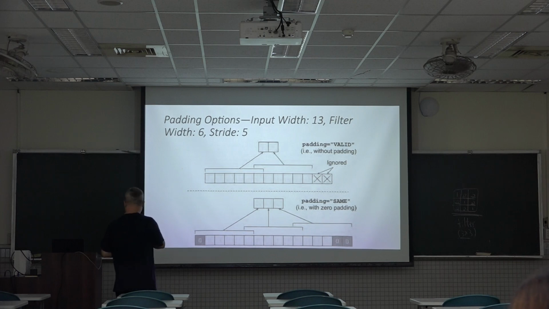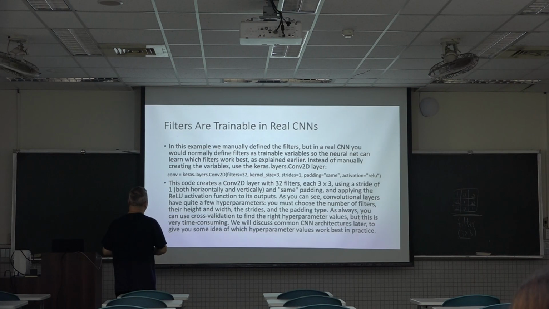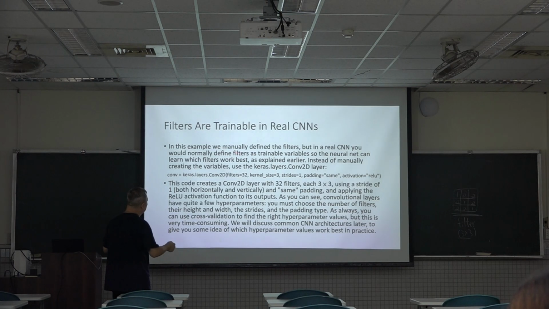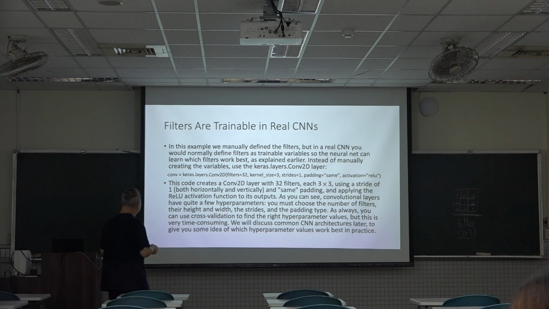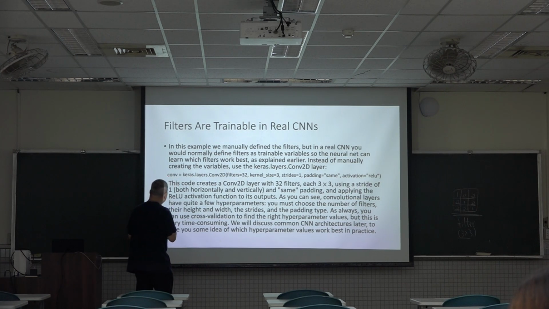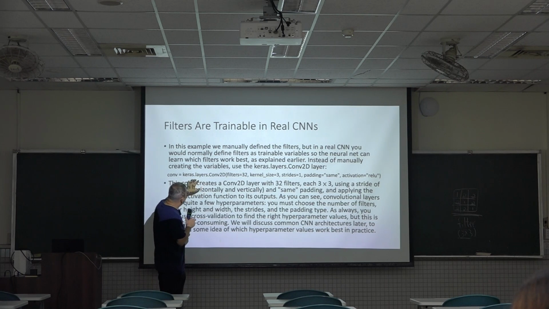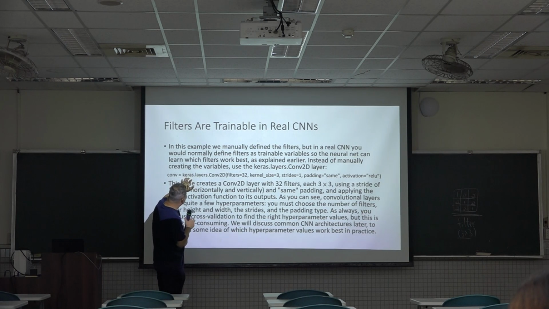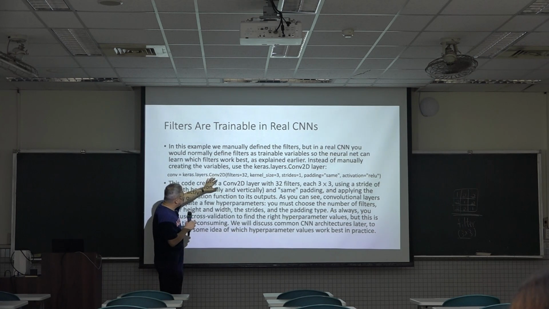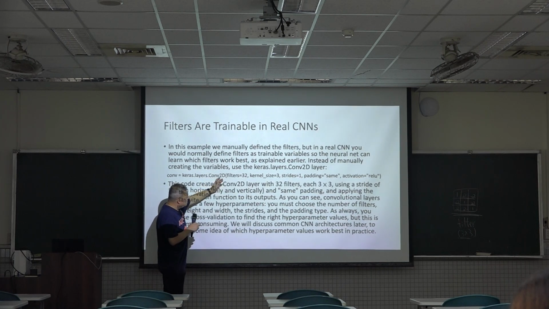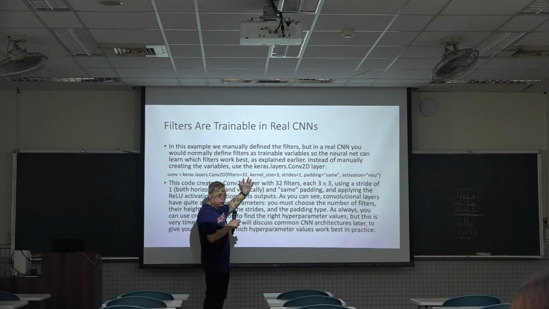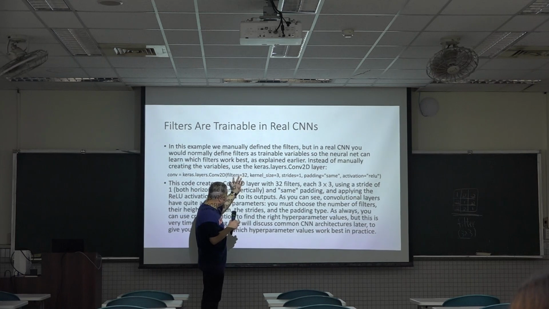What happens? Filters are trainable, and you actually have a lot of filters. For example, if you want to use Keras to create a convolutional layer, it's going to be something like keras.layers.Conv2D. You see, filters equal to 32, so you create 32 filters.